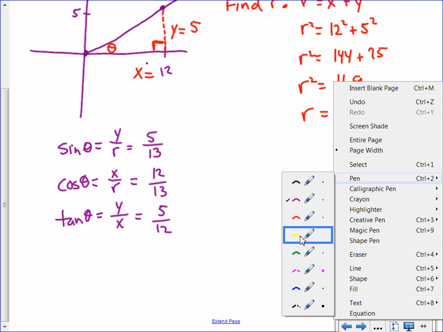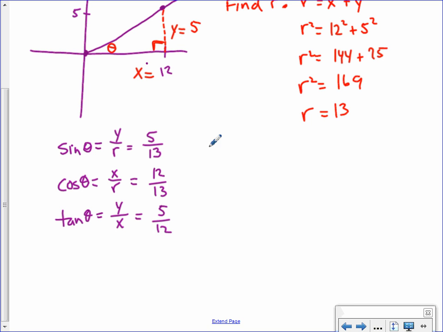Let me change pens. Here we go. What is the reciprocal of sine? Cosecant. So CSC is the abbreviation, right? The cosecant is just the flip. So r over y, which is 13 over 5. P.S. I'm writing everything down.